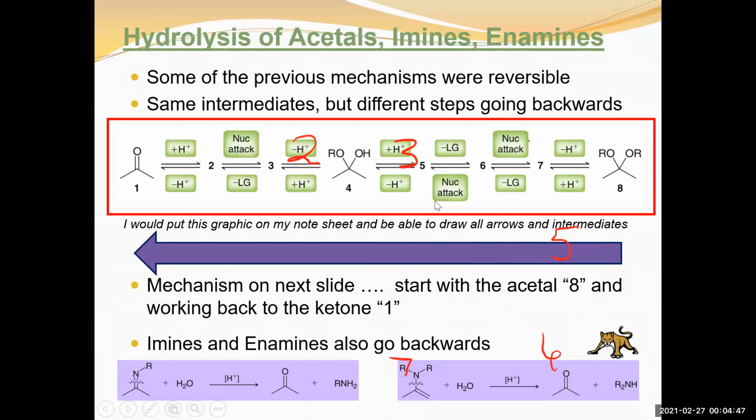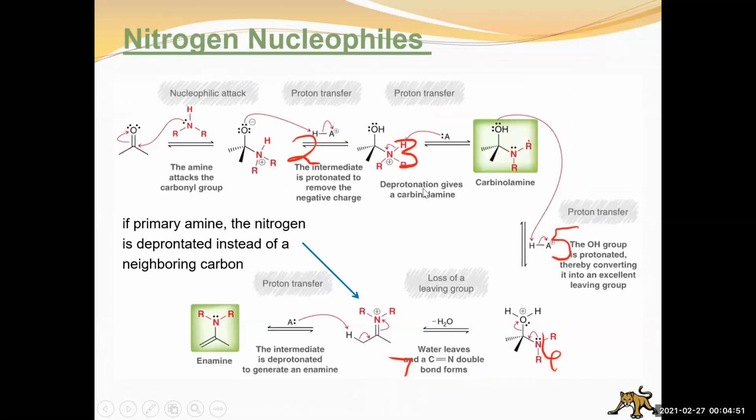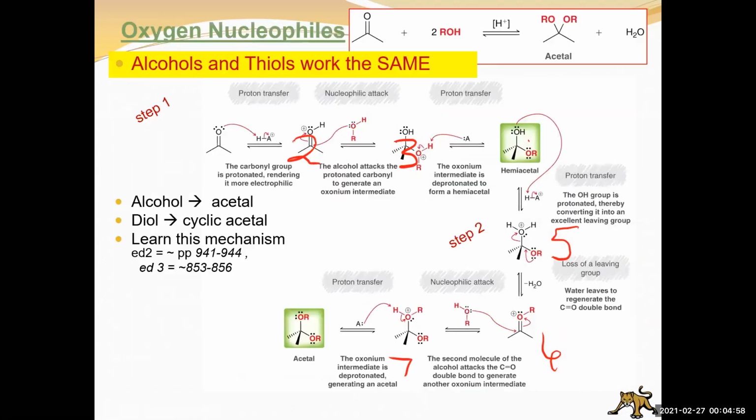From 6 to 5, there's a nucleophilic attack that needs to happen. Well, they line up really well with that slide, don't they? What does that nucleophilic attack look like? It looks like water, the lone pairs.